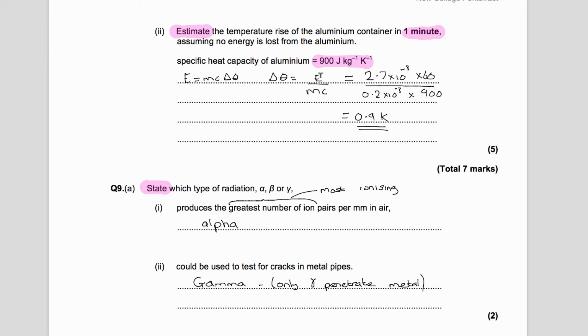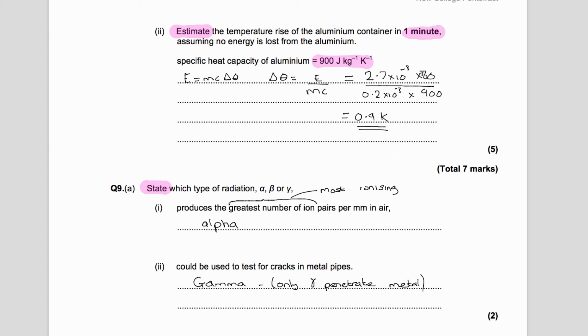So the change in temperature is the energy divided by the mass and the specific heat capacity. Now we've worked out what the energy absorbed per second is, which was the 2.7 times 10 to the minus 3 joules. So in 1 minute it will absorb 60 times that, because if that's the energy per second, the energy per minute is 60 lots of that.